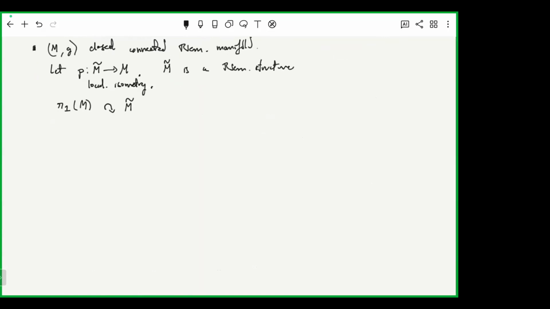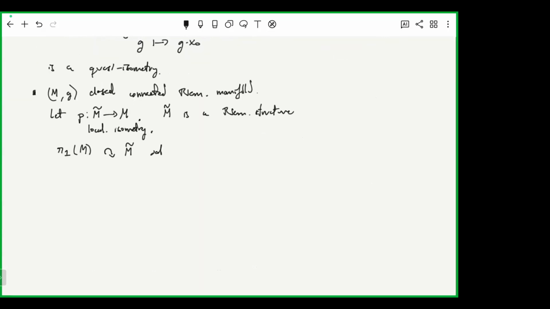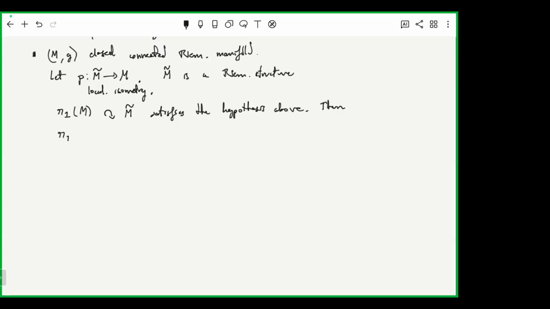So this tells us that, as a consequence, first of all, the fundamental group is finitely generated, and moreover, it is quasi-isometric to this universal cover.